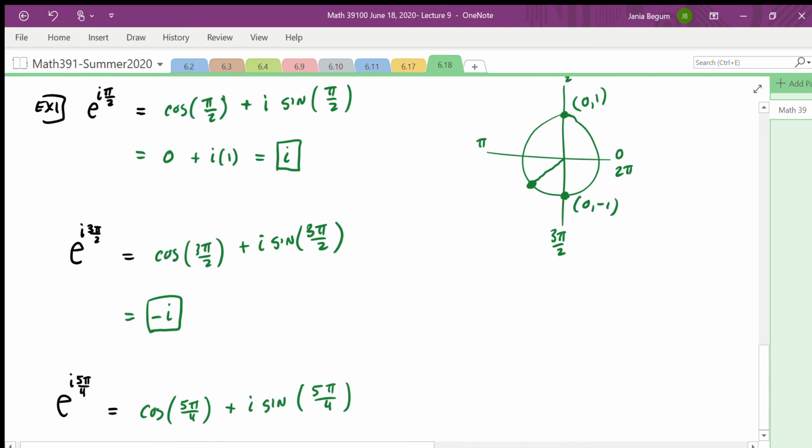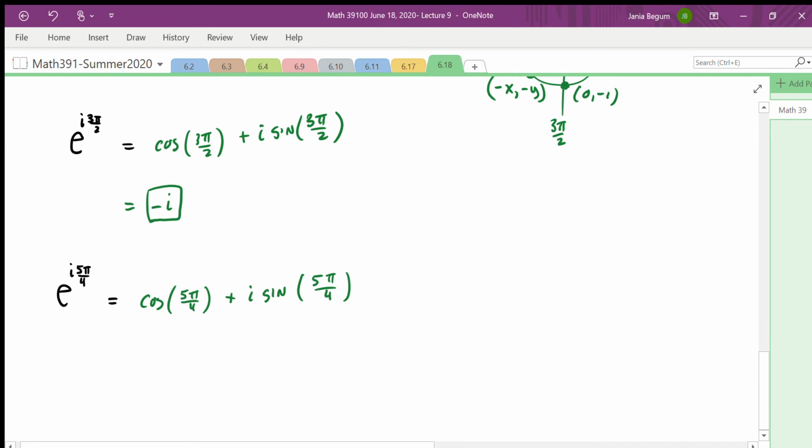So in this quadrant, our x coordinate is negative, and our y coordinate is also negative, right? So that means we're going to get negative values for sine and cosine. So this is equivalent to cosine of pi over 4, that's its reference angle, minus i sine of, again, the reference angle pi over 4.